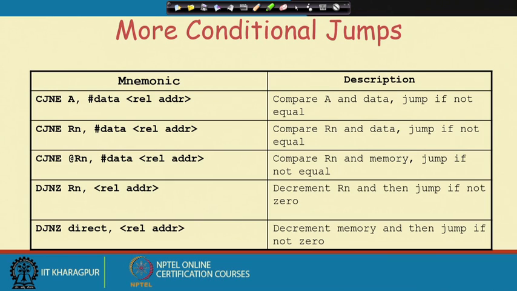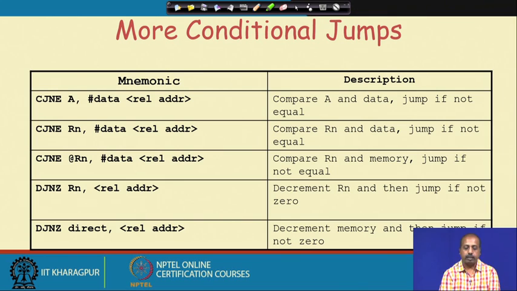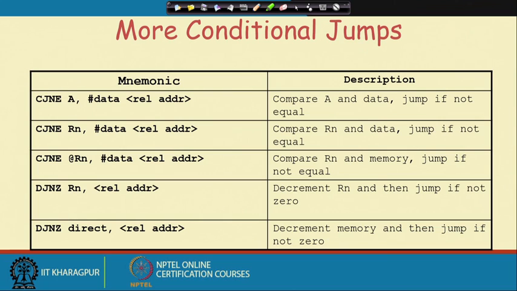Instead of that, this DJNZ is a single instruction by which you can decrement the register value, and then if the register value does not become 0, you can jump back to the relative address. And then we have got this DJNZ direct address and then relative address. So here also the same thing, it will decrement the memory location content, and then if the content is non-zero, then it will be jumping to the relative address.